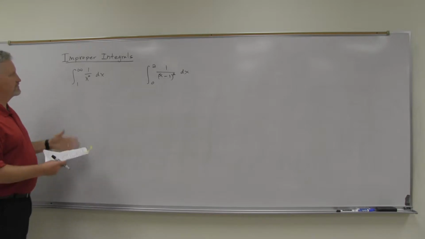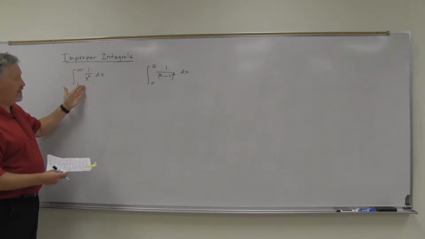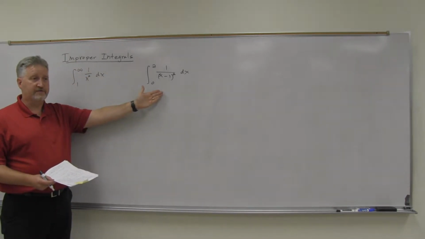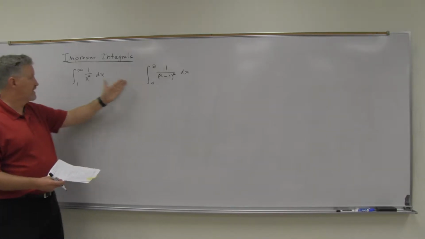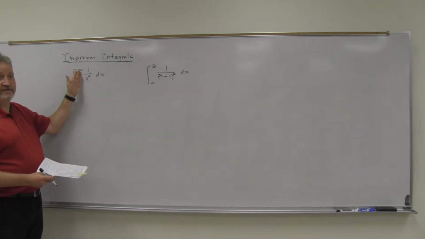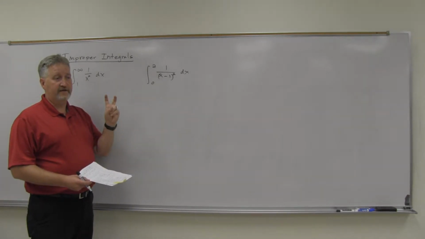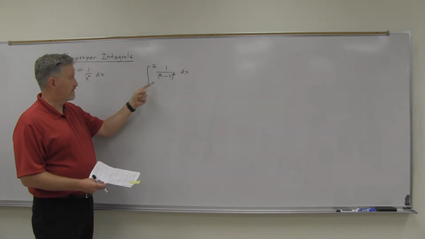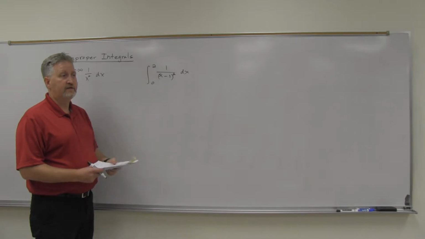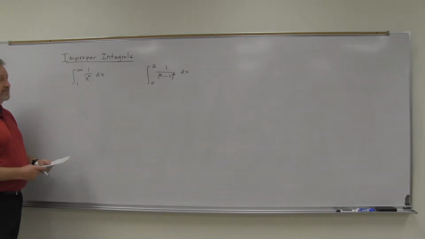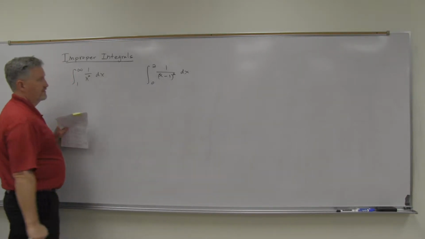These two are examples of what is called an improper integral, each for a different reason. This one is improper because it has an infinite limit. This one is improper because it has a discontinuity in the function within the limits of integration.